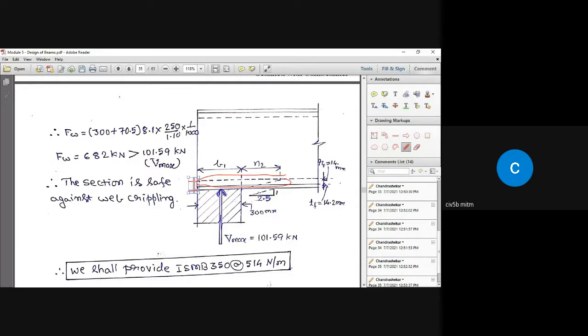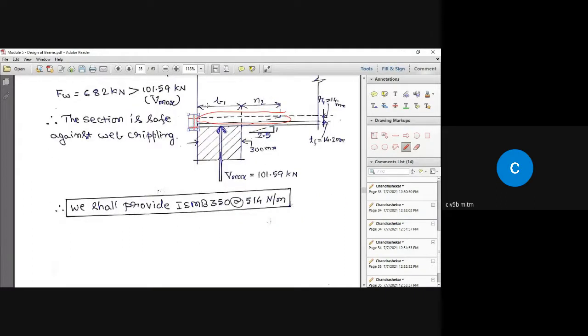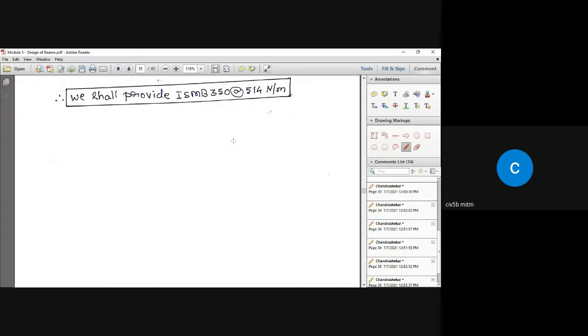Because the distribution or dispersion line is at a slope of 2.5 horizontal and 1 vertical, N2 is equal to 2.5 times TF plus R1 value. This reaction is taken to be distributed over the length of B1 plus N2.